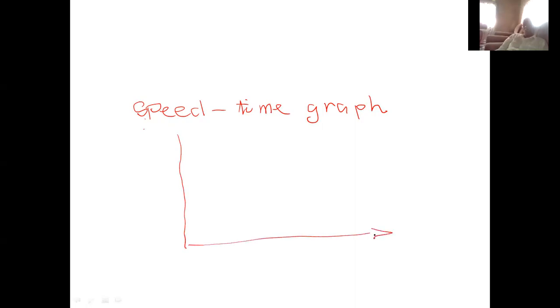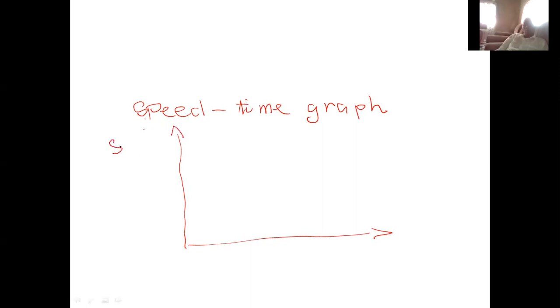Second part of the question is asking us to draw a speed time graph for the whole journey. So the first thing we write is we are drawing a speed time graph. So we write the heading. What we are drawing is the speed time graph, meaning that in the y-axis, we are going to have speed.